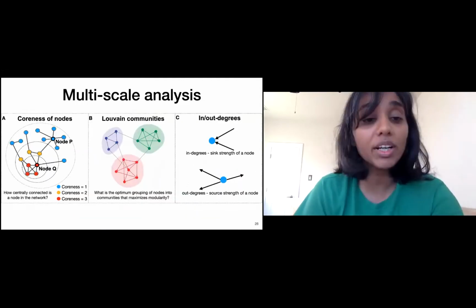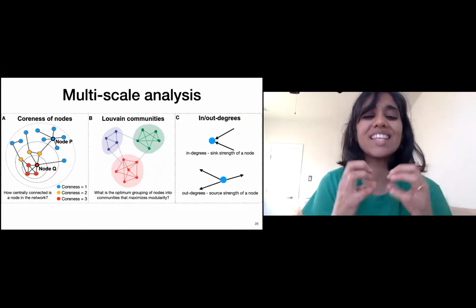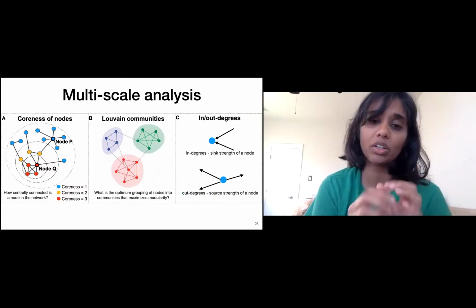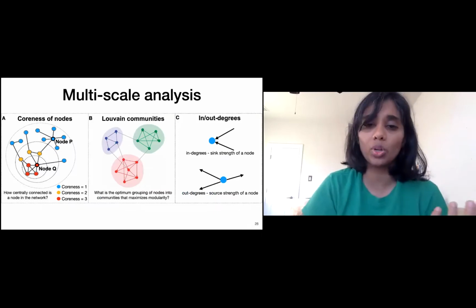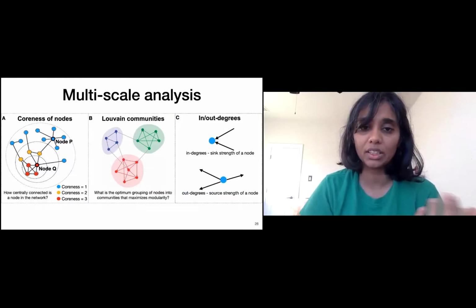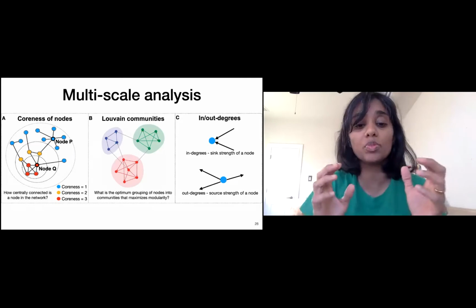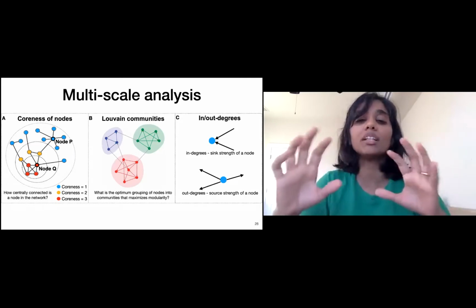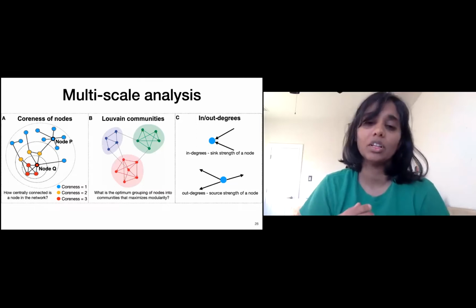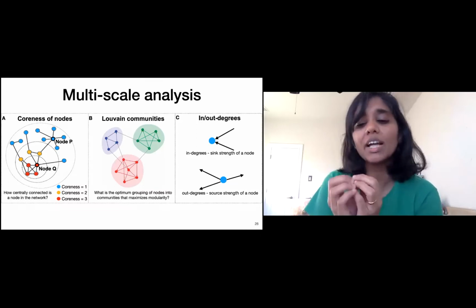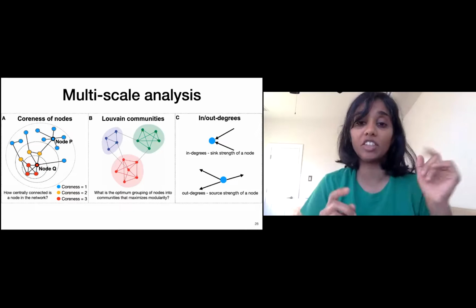Coreness of nodes is like, how central is that node to the network? The red nodes are really central, so they have a higher coreness. Communities is how you group the nodes of your network into little groups that you find separable by a definition, where you say the connectivity inside one of the groups is greater than connectivity between the groups.